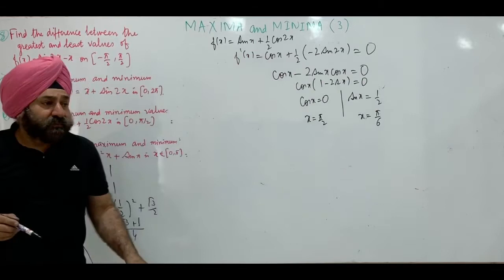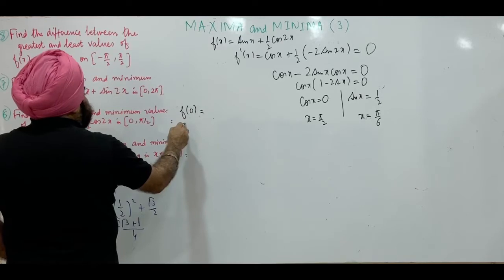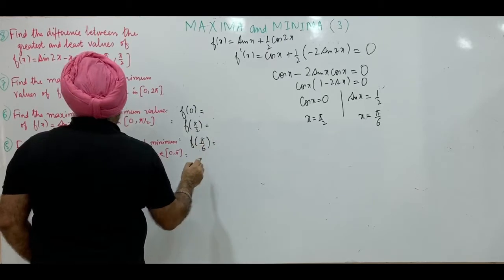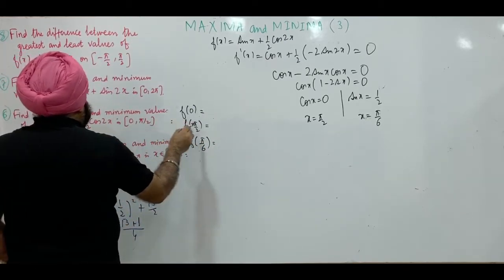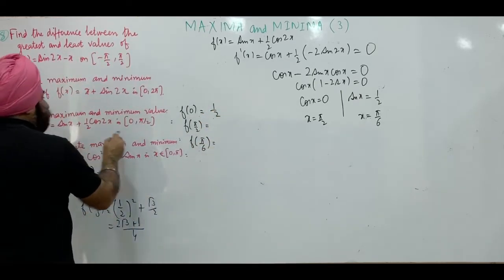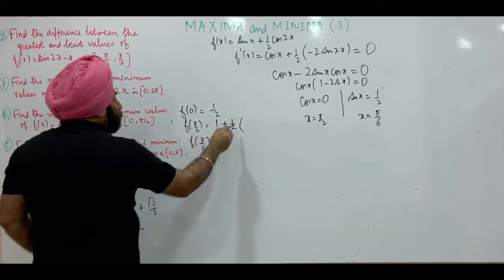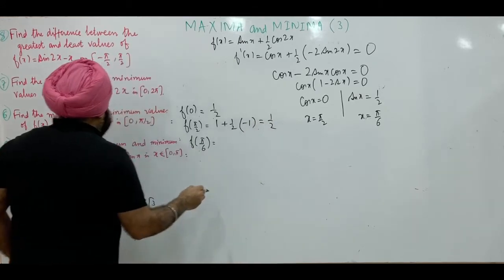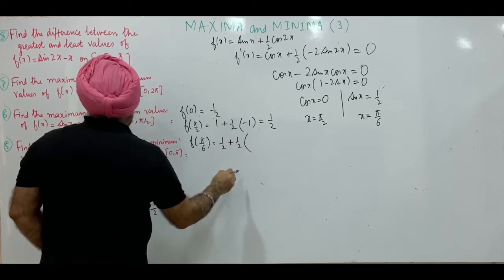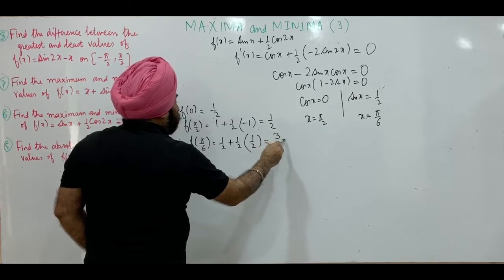So we will find the value of this function at the starting point of the interval, that is at 0. We find f of pi by 2 and we find f of pi by 6. f of 0: sine 0 is 0, cos 0 is 1, into 1 by 2, so 1 by 2. f of pi by 2: sine pi by 2 is 1 plus 1 by 2 into cos of pi, that's minus 1, so this also is 1 by 2. f of pi by 6 is 1 by 2 plus half cos of 60, that is 1 by 2, so half plus 1 by 4 is 3 by 4.